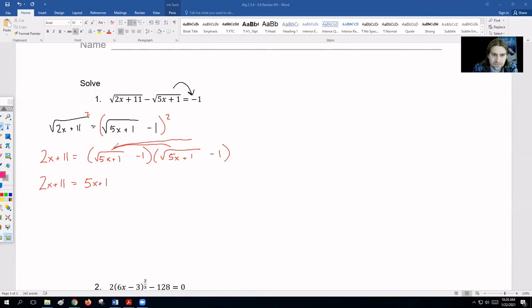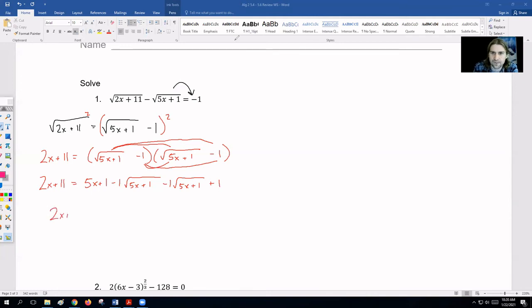Next, radical 5x plus 1 times negative 1 is a negative 1 radical 5x plus 1. We'd have another one in the middle here. When we distribute the negative 1, we get negative 1 radical 5x plus 1. And then the negative 1 times the negative 1 is a positive 1.